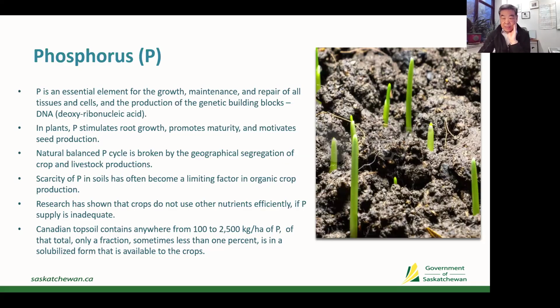It ranges anywhere from 100 to 2,500 kilograms per hectare. Of that reserve, only a very small fraction, sometimes less than 1%, is in solubilized forms that are available to the crop.